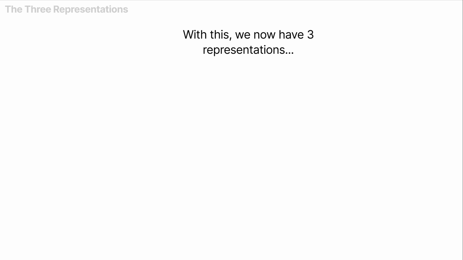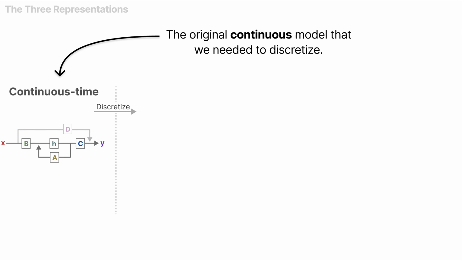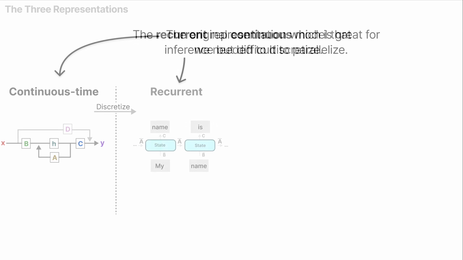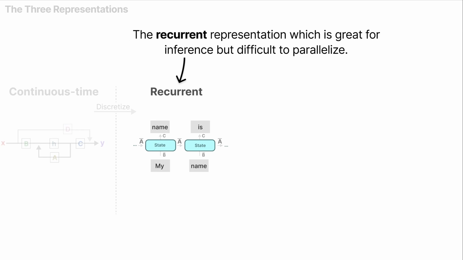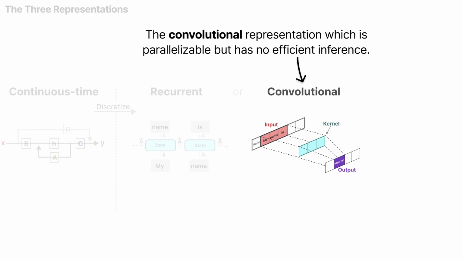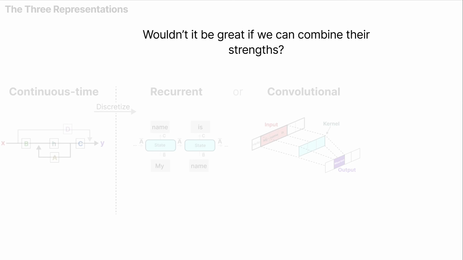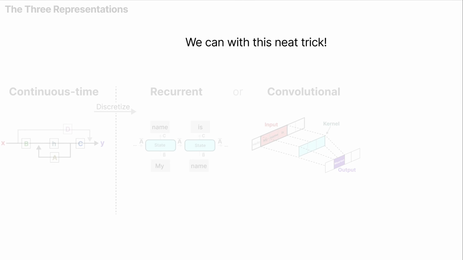With this, we now have three representations. The original continuous model that we needed to discretize, the recurrent representation, which is great for inference but difficult to parallelize, and the convolutional representation, which is parallelizable but has no efficient inference. Wouldn't it be great if we can combine their strengths? We can with this neat trick.